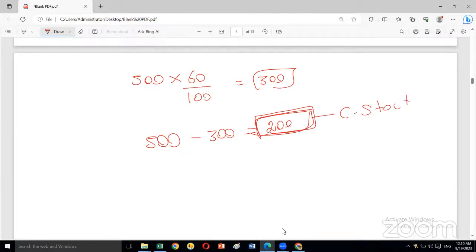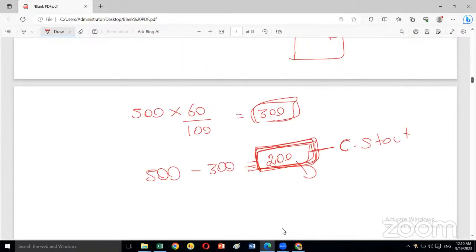The cost of sale is a different thing. The remaining unsold goods cost is there, no? That one I should record as the closing stock. What is the unsold goods value? 200,000. I have to see the cost, not the selling price.